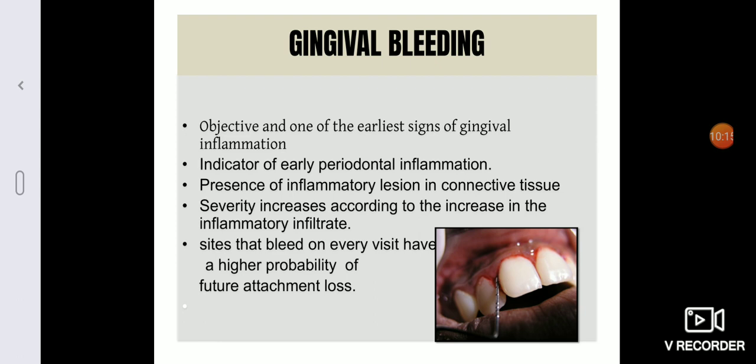So the more severe the bleeding, the more severe the extent of inflammation. Also, sites that bleed on every subsequent visit have a higher probability of future attachment loss. So sites that bleed on every visit of the patient can be diagnosed as having more attachment loss.